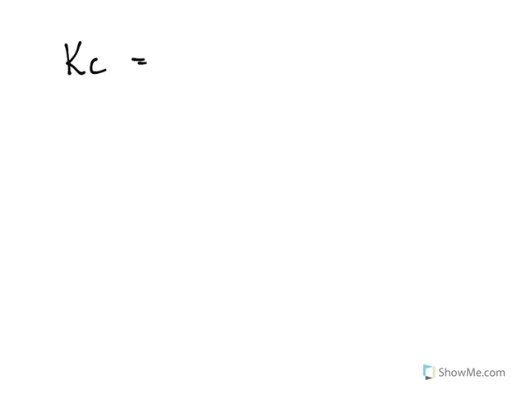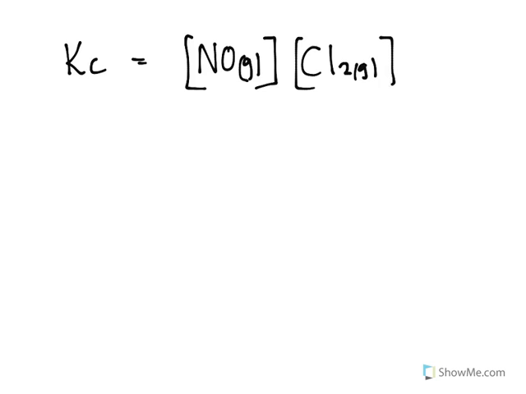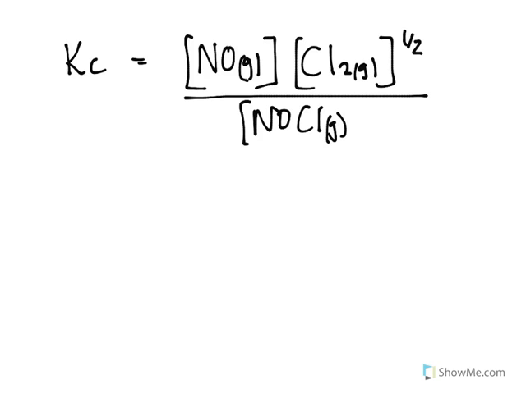So we write down our expression again. This time there's no squared for the NO because it's 1 mole, but since there's half a mole of chlorine gas, we need to raise that to the power of half, and we divide that by the concentration of NaCl. Again, this is not squared, it's 1 mole.